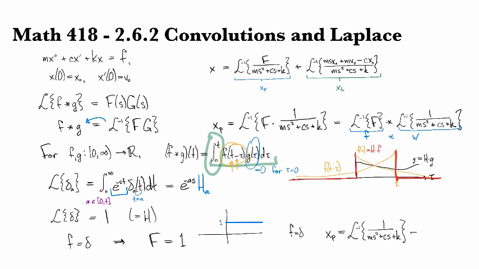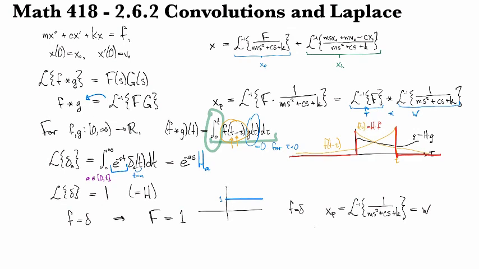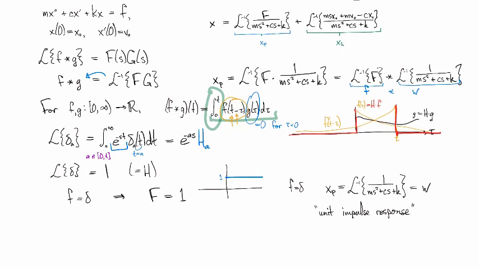And so this is actually my fundamental solution W. And so this is the so-called unit impulse response. So you slap the spring with the Dirac delta, bam, and then you watch how it bounces around, and the answer is exactly this thing that we get right here.